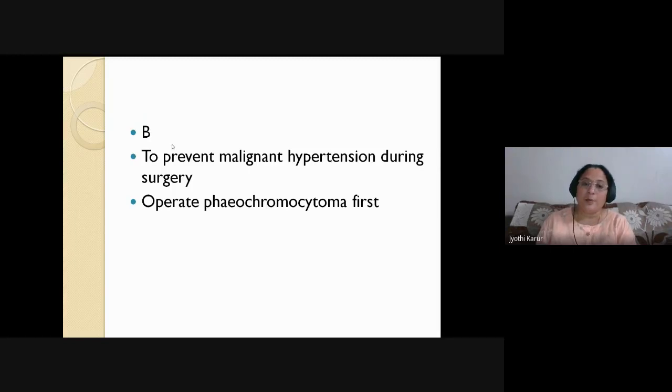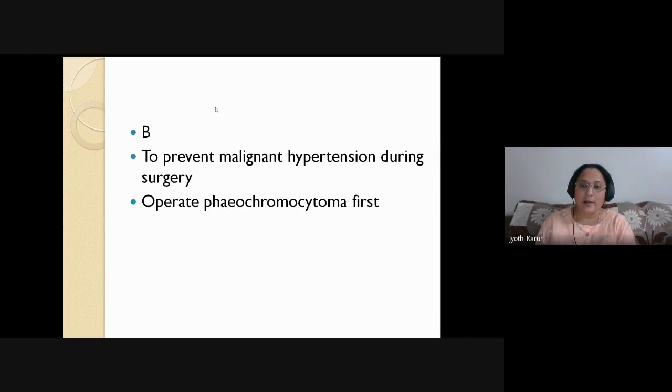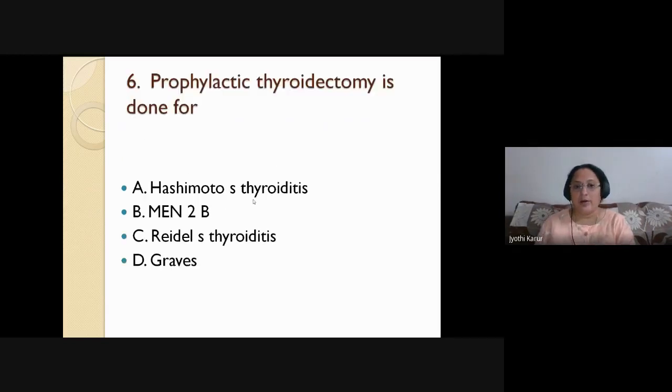So to prevent malignant hypertension, you first operate the pheochromocytoma and then the medullary carcinoma of thyroid. Have you seen thyroid surgery, everyone? Is it a pure bloodless surgery? No, it has a lot of bleeding. So you have to operate the pheochromocytoma first and then your thyroid. Okay.